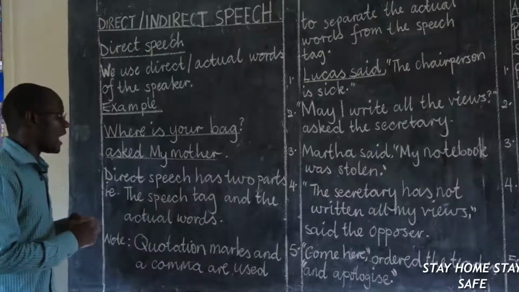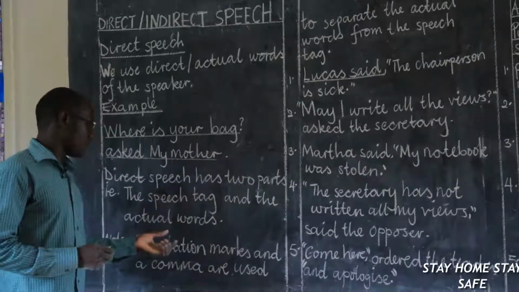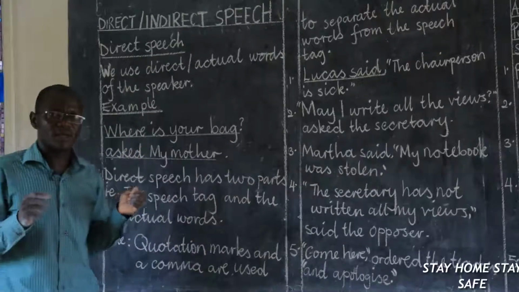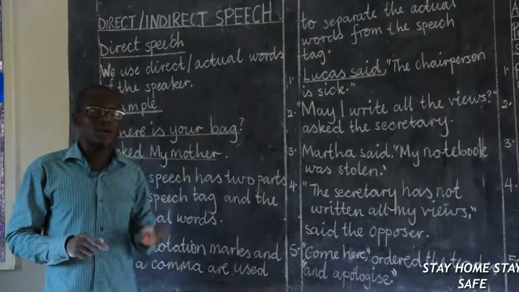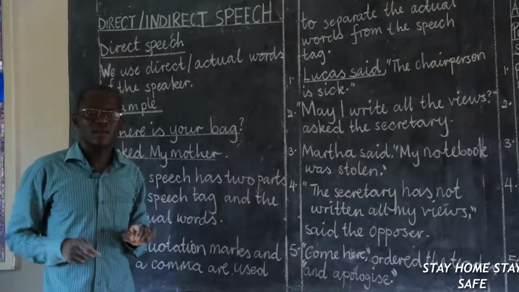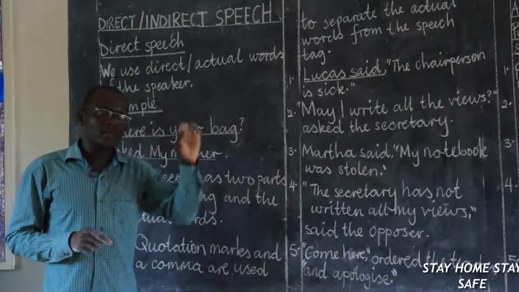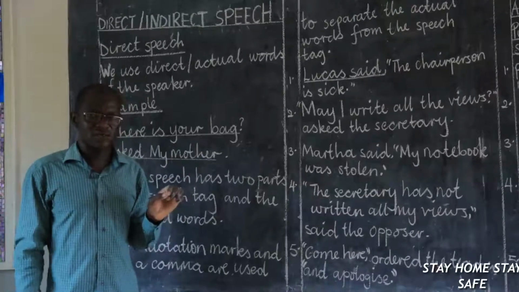Therefore, I will use quotation marks. You can also call them inverted commas. We have opening and closing inverted commas. You can also call them opening quotation marks and then closing quotation marks.